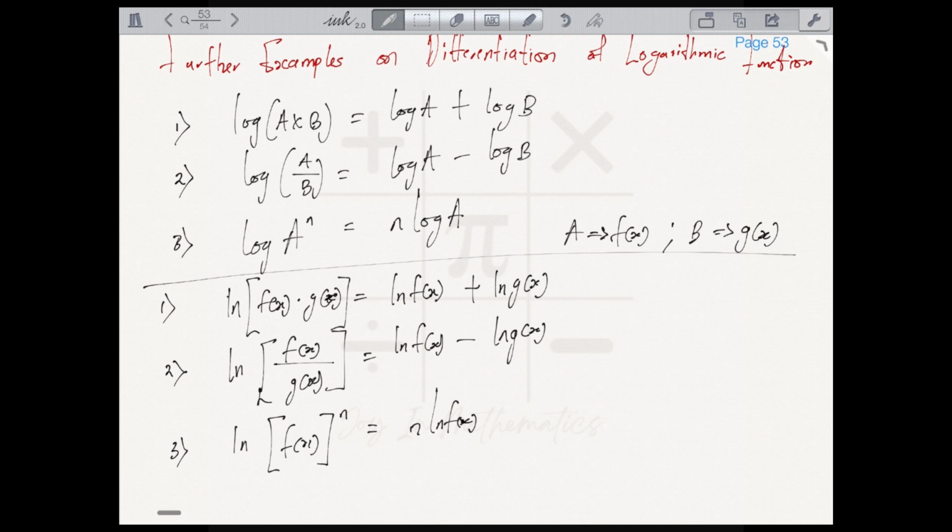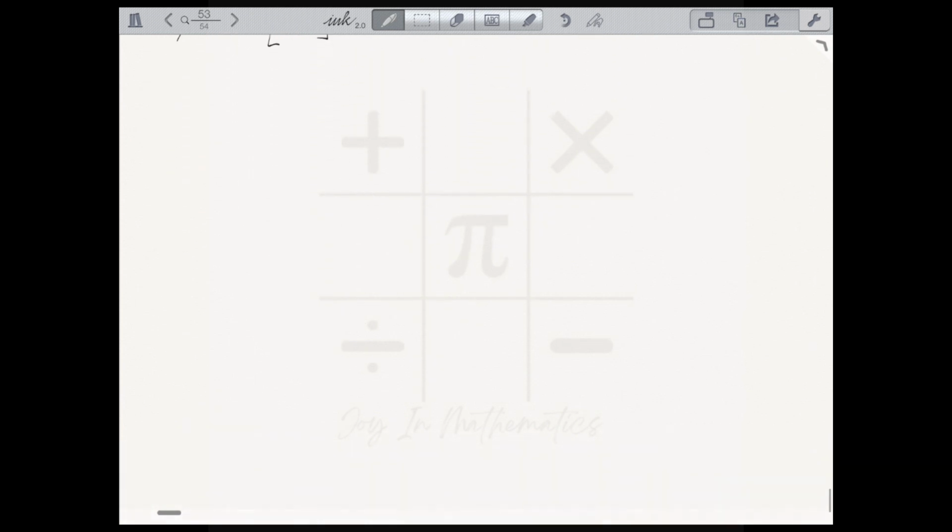Now, with this being done, let's look at an illustration. Given that y is equal to f of x multiplied by g of x divided by h of x, we are given this format and asked to differentiate such a function.